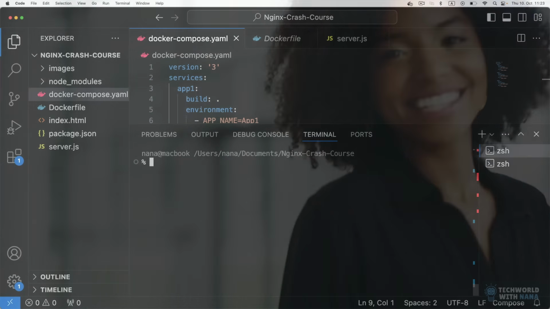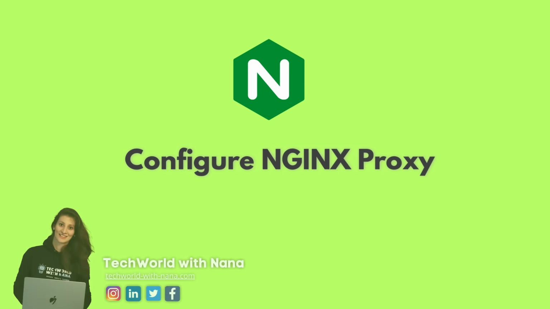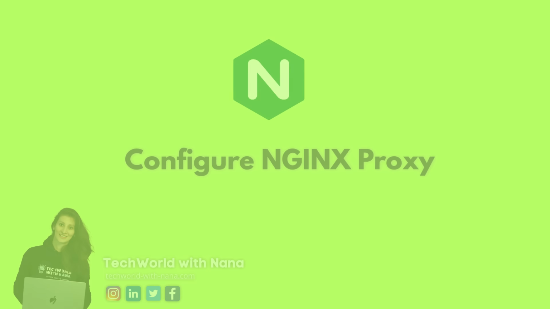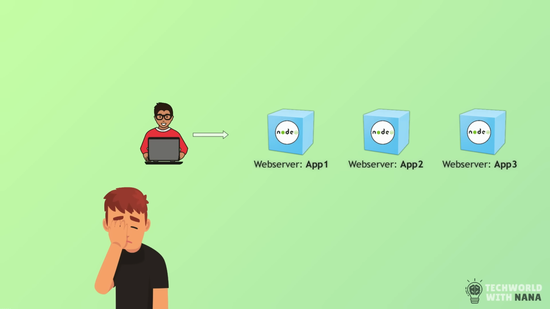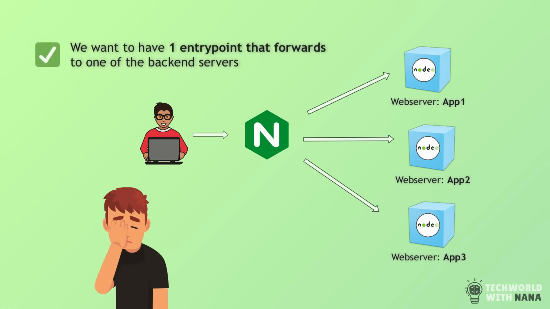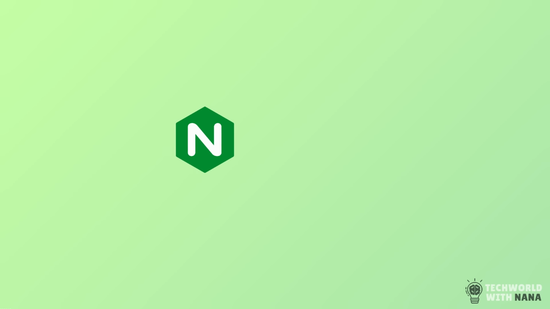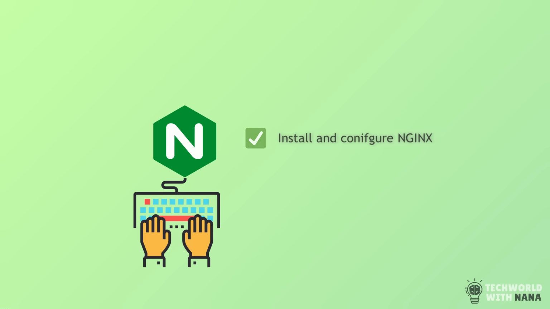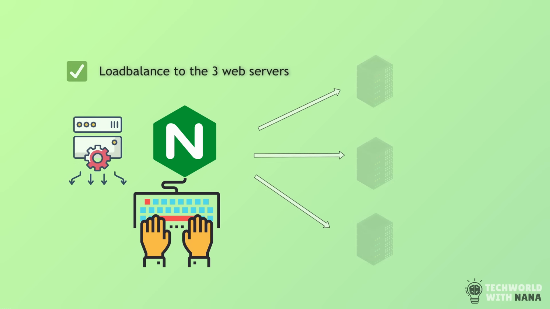Awesome. So now the final part that is missing is we don't want to have to access each replica separately, one by one. We want to have one entry point that then automatically forwards the requests to one of those 3 replicas. And that entry point is going to be Nginx. So we're going to now install and configure an Nginx proxy and put it in front of those 3 application instances to load balance requests to them.